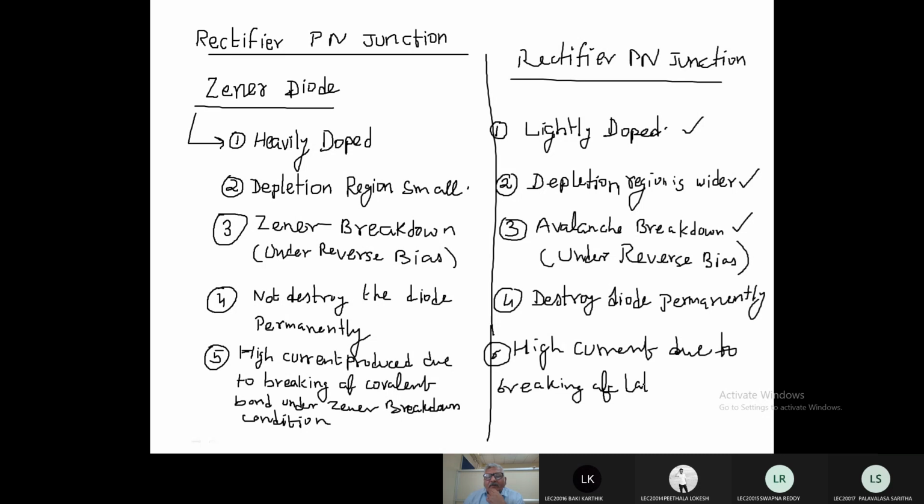Lattice means structure. Due to breaking of the lattice under avalanche breakdown.